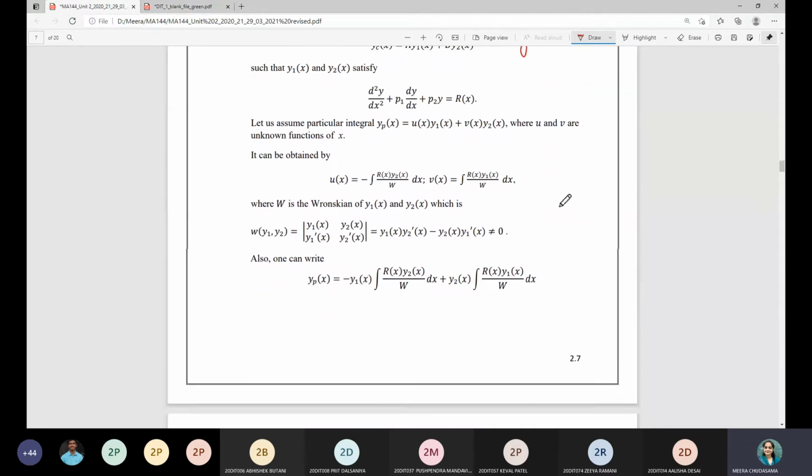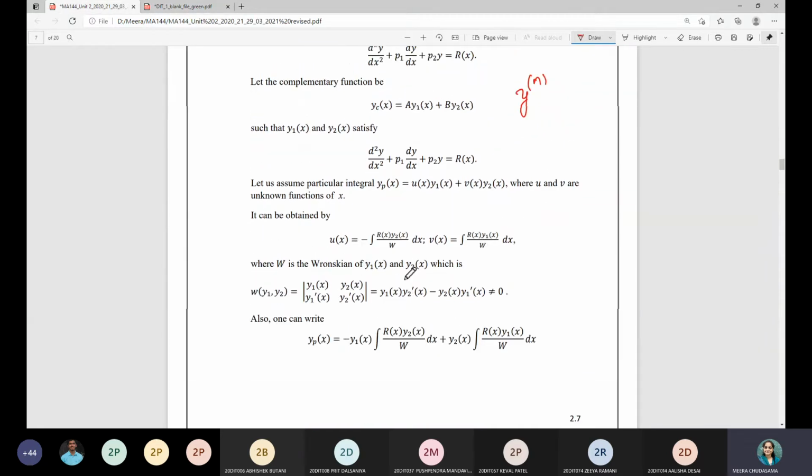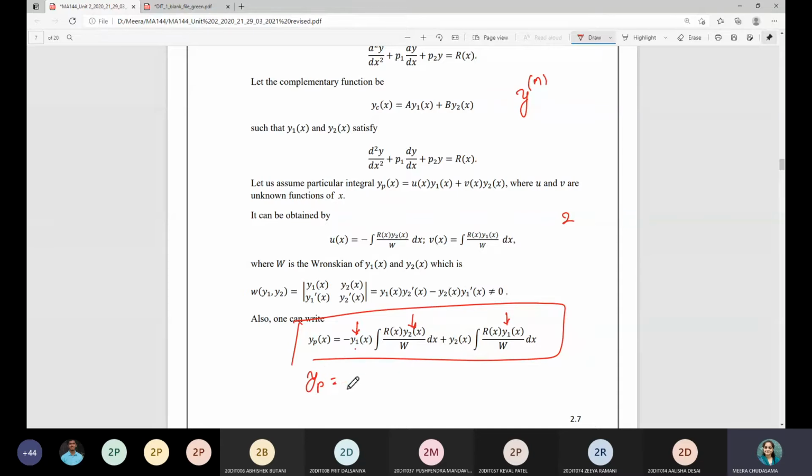In these notes you will see it is just simplified in terms of second order and the formulas are directly given, but every time I will not advise you to write down this formula, because in this one you have to remember that y1 will be with the negative sign in the integrand. First it will be y2, then it is in the second one. Just remember that yp is just u1 y1 plus u2 y2 and so on.